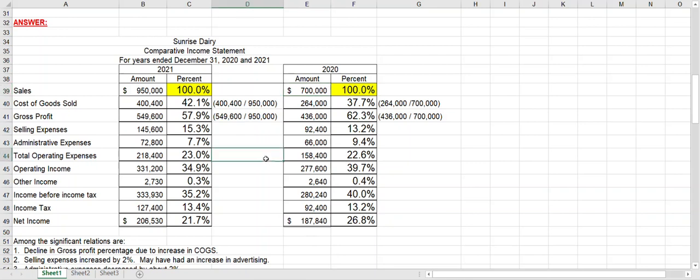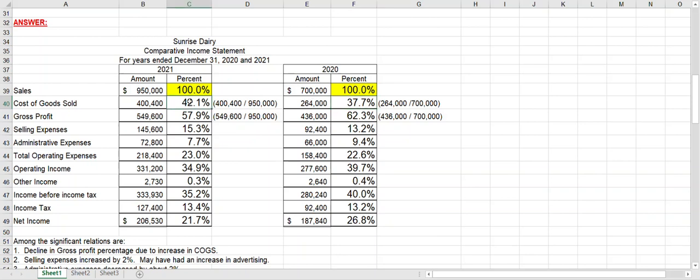Now, once you have two vertical income statements, you can use them to compare how you've done from one year to another, or you can even use it to compare with other companies within your industry. So here is my same company, Sunrise Dairy, for two different years. I could take a look at, for example, in 2020, I spent almost 38% on cost of goods sold compared to sales.